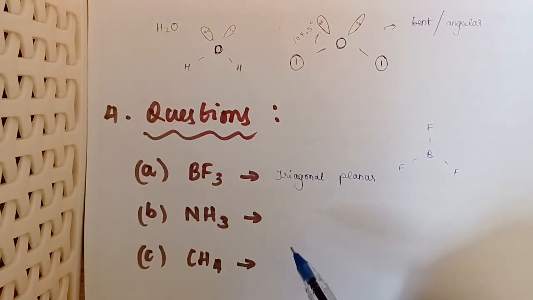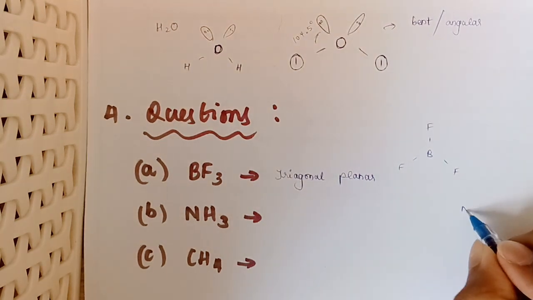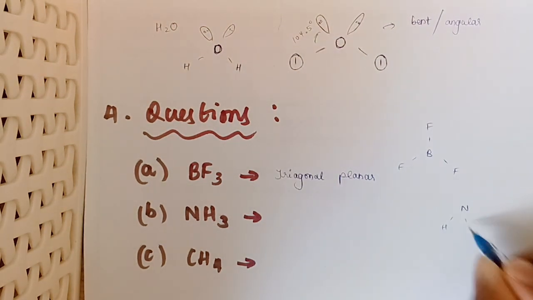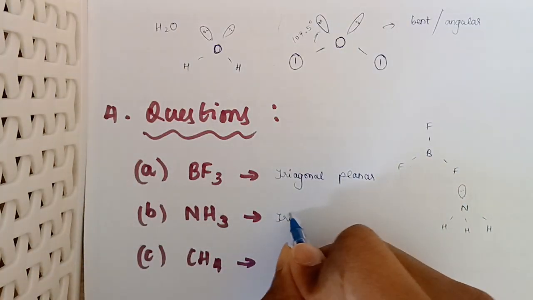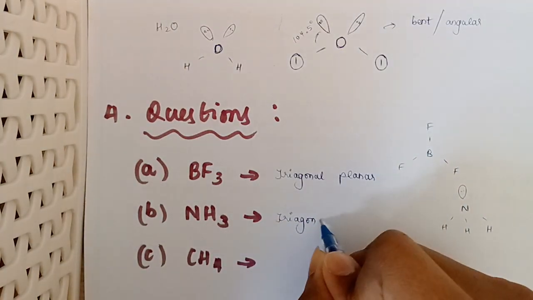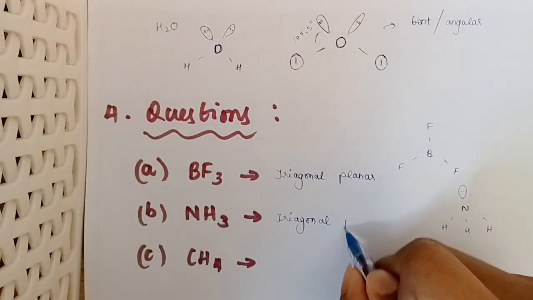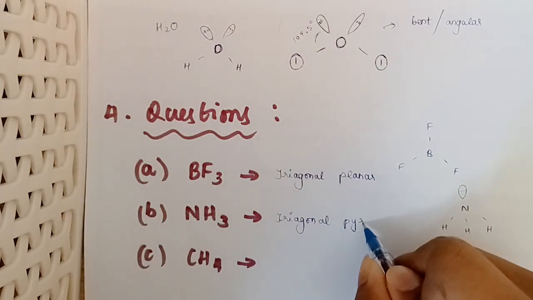The next question is NH3. NH3 means we have an N, then H, H, H. So what about here? There is a lone pair. So this structure is trigonal planar, right? No, it is trigonal pyramidal.